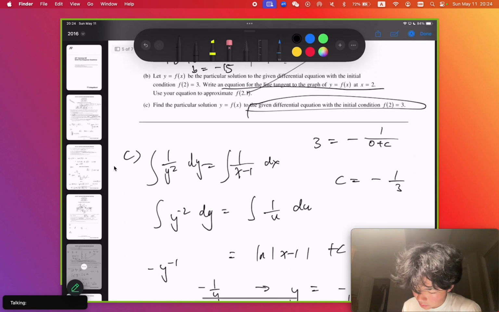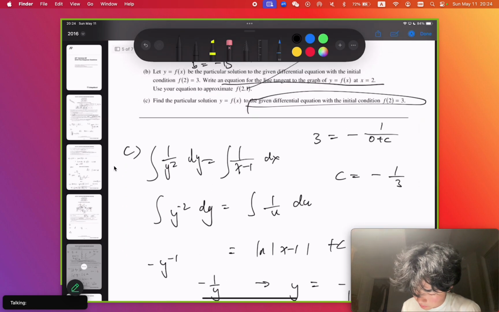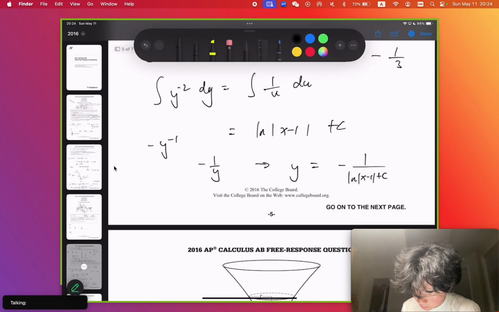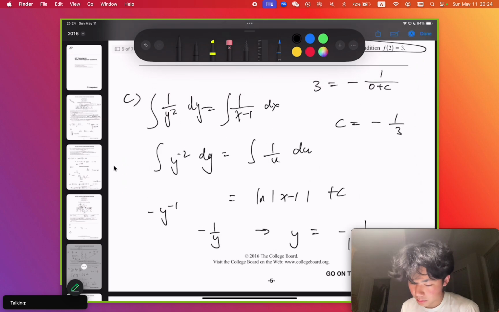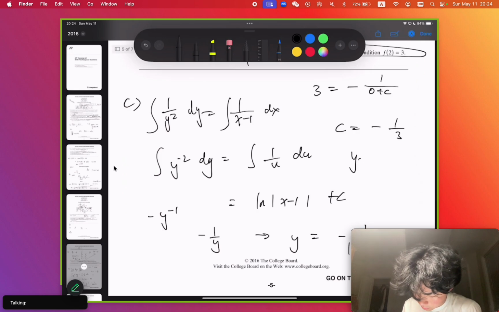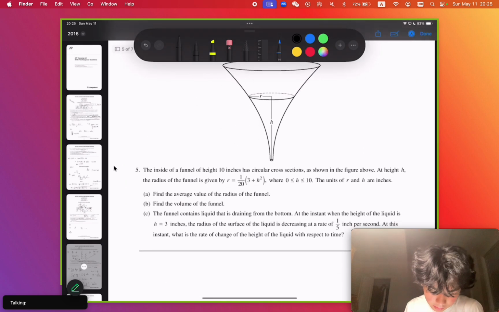Yeah, so ln of 1 is 0, right? Yeah, it is. So y equals negative 1 over ln x minus 1 plus 1 over and the minus 1 over 3. Alright, that's it.